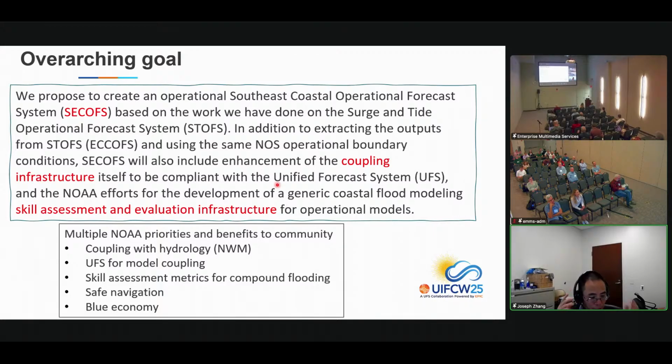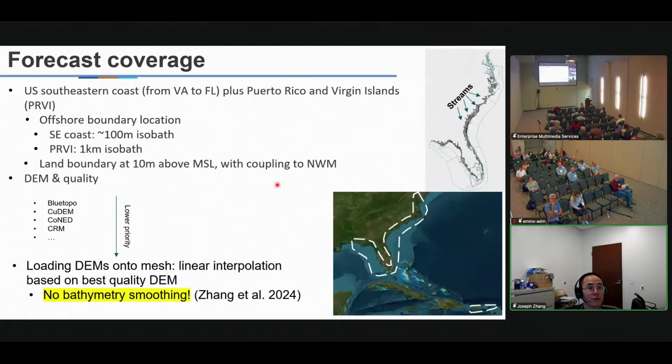This project will provide multiple benefits to the coastal communities, including coupling with hydrology, the National Water Model. This is something we do with CCOFS, with staff, and this will serve as a real-world test for the UFS for model coupling and skill assessment. We touched on safe navigation and the blue economy as well.